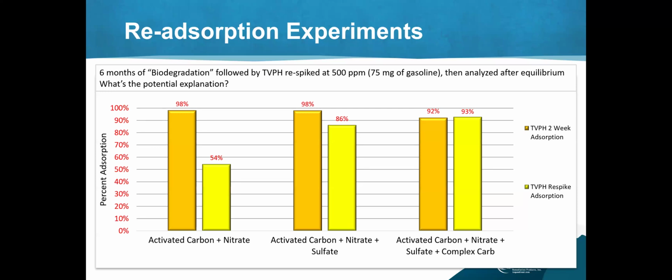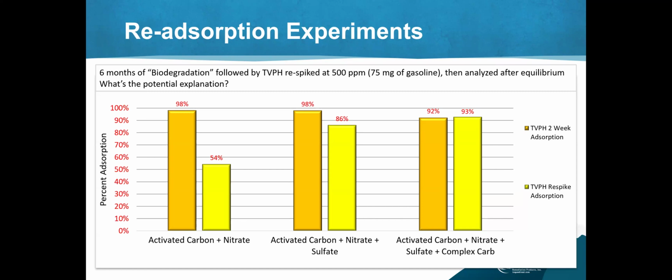And what you can see is, assuming that population was a good degrading population to begin with, remember the nitrate alone was not, but the nitrate and sulfate was, and the nitrate, sulfate, and complex carbohydrate also was, that population also restores the absorptive capacity of the activated carbon. So you can see that happening.